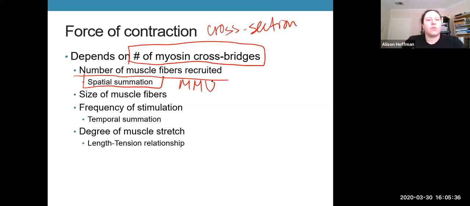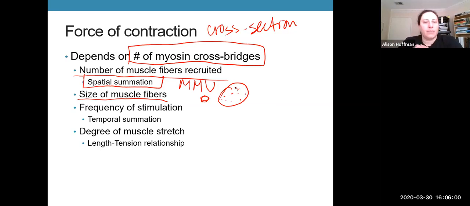Another thing that will get us more cross bridges is the size of the muscle fibers. So a muscle fiber of larger diameter, so like this is a small muscle fiber diameter and this is a large one, literally going to have more myofibrils in it, and therefore there's going to be more cross bridges being able to be formed. Okay?